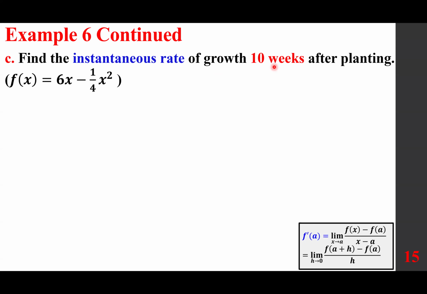So I'm going to use the first one, f prime of a, in this case, f prime of 10 equals the limit of f of x minus f of a, that means f of x minus f of 10, over x minus a, that means x minus 10, as x approaches a, as x approaches 10. We want f prime of 10. So let's use that formula.